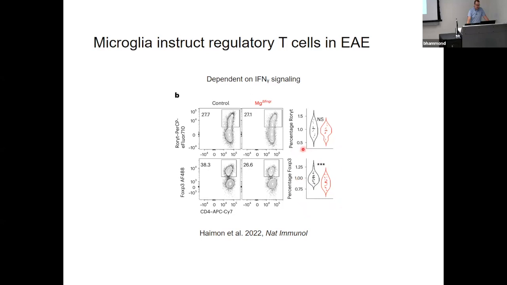So these regulatory T cells, they are not as prevalent when microglia are unable to respond to interferon gamma. And I guess they go on to show that mice deficient in MHC class 2, which is important for showing antigen to the T cells, also do not develop this regulatory T cell population quite as much. So again, just another example where microglia can interface with T cells in a disease condition, which I think is pretty interesting and neat.